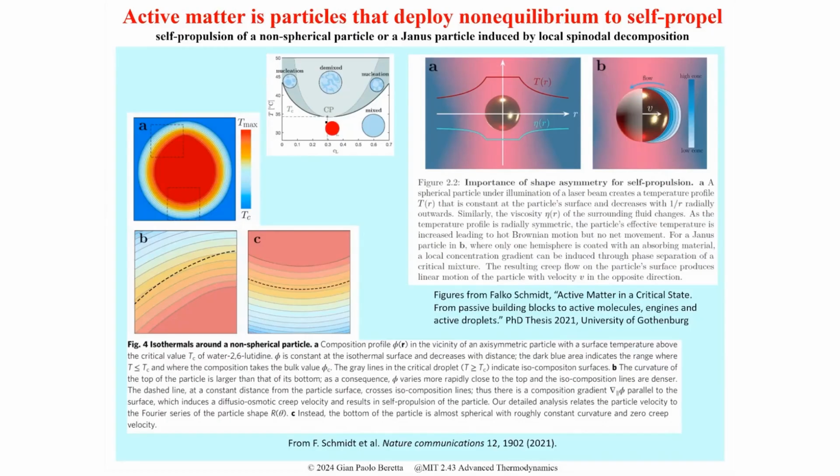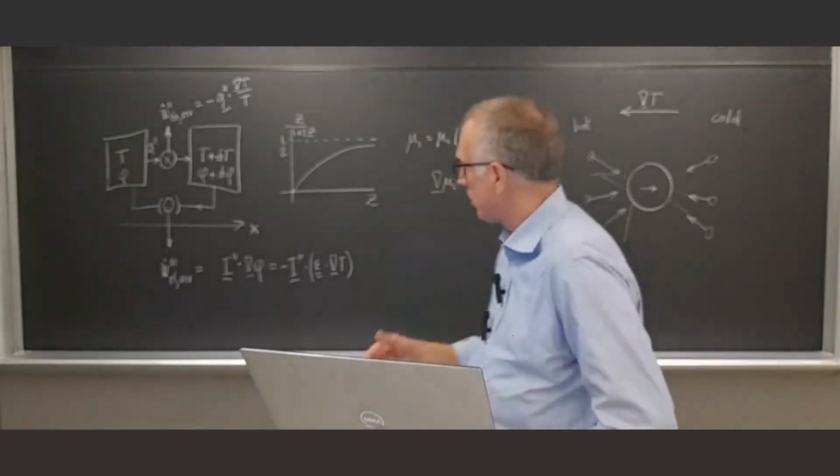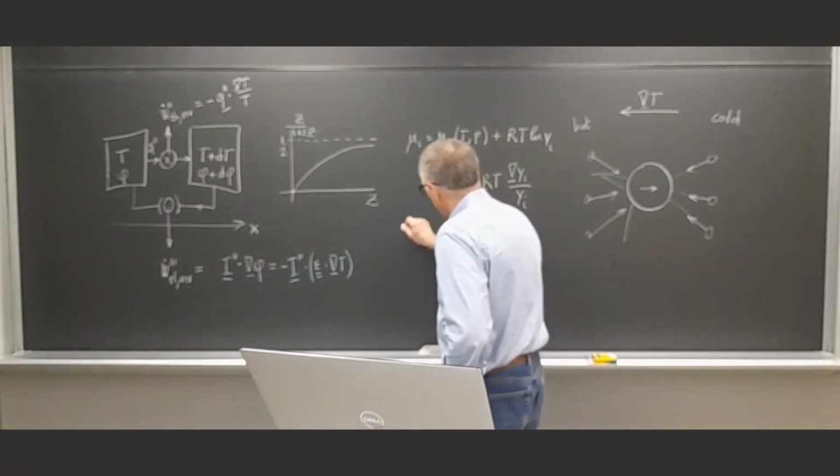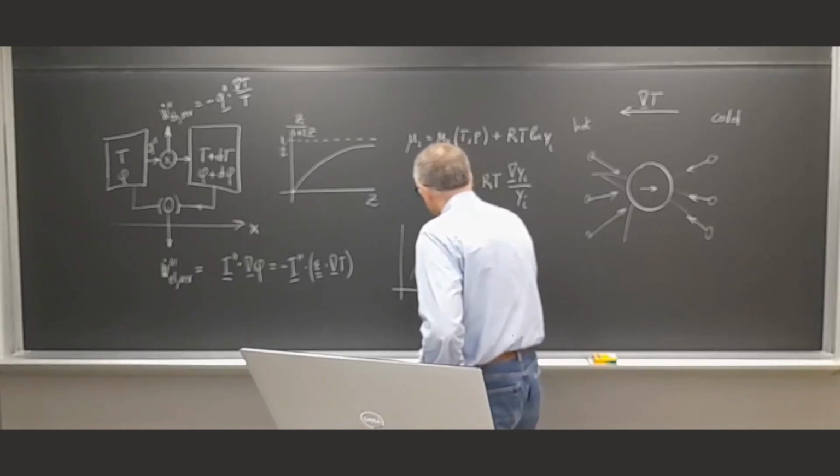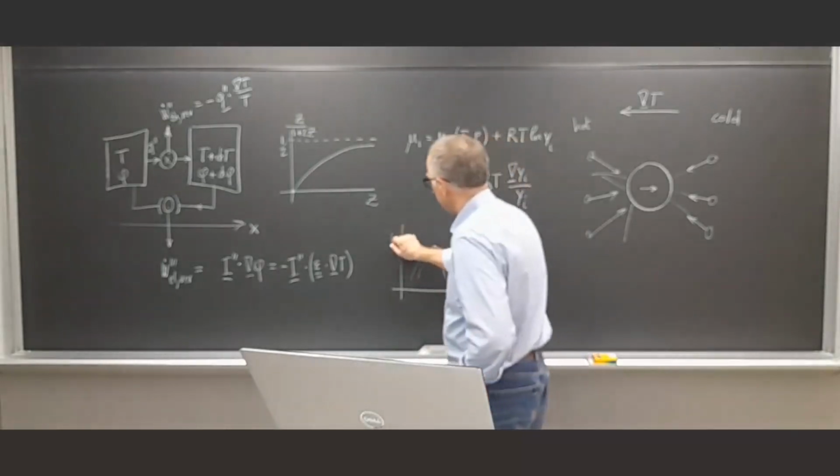And then they find a solution. So the particle is in a solution which is non-miscible at high temperatures. So we have studied spinodal decomposition in substances that have an upper critical point.